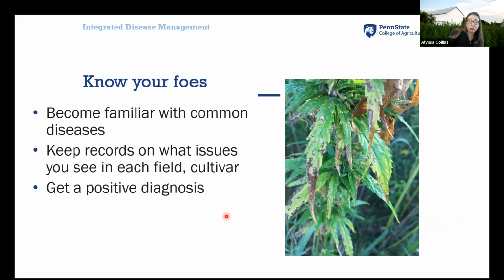So when you do, write down what you found, write down where it was bad, where it was better, what cultivars were more susceptible, and get a positive diagnosis. We have the resources. I'll show you how to do that. But don't guess, because guessing can sometimes lead you to take one measure against this disease versus another, and it could be wrong and you're wasting your money and not getting any efficacy.